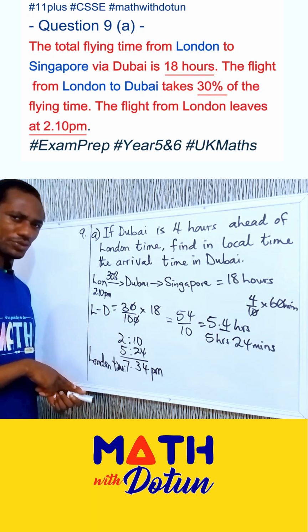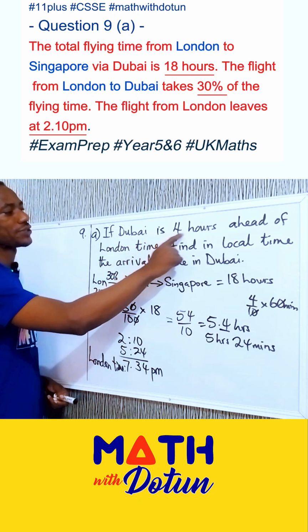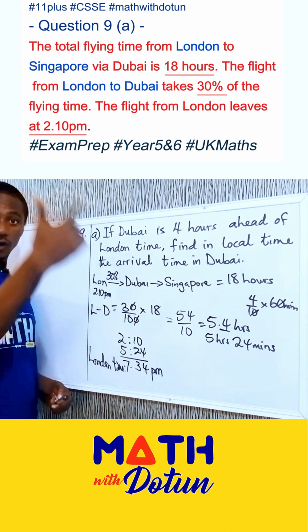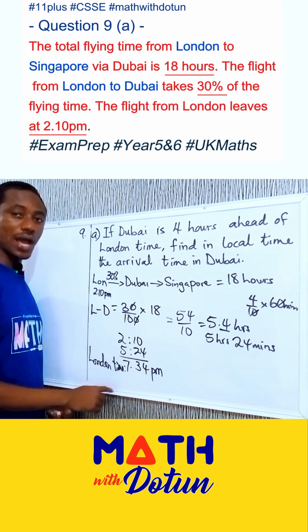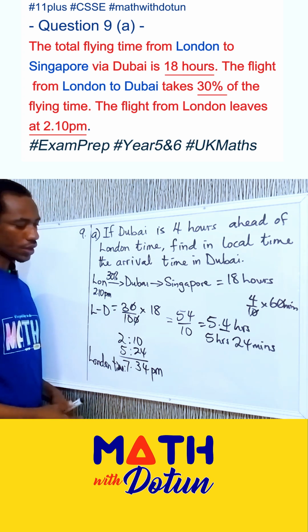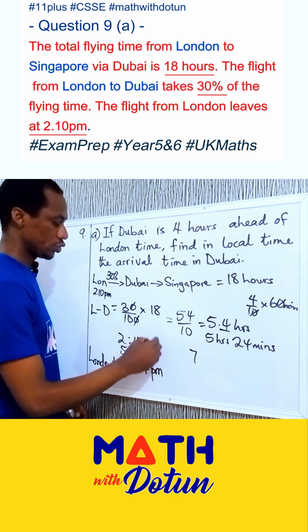But that's not the time in Dubai. We are told that Dubai time is 4 hours ahead of London. So if it's 4 hours ahead, it means we're going to add 4 to 7:34 p.m. So let's do that.